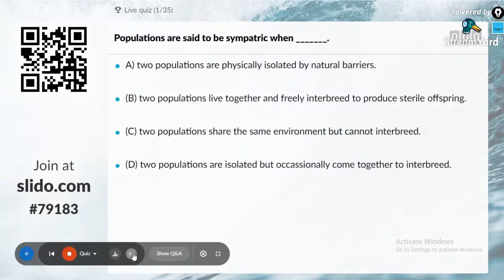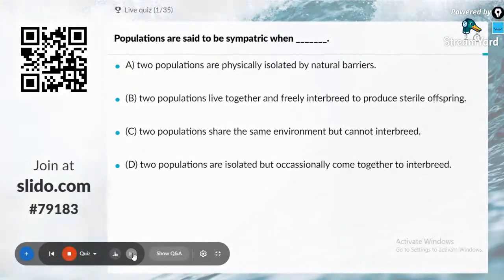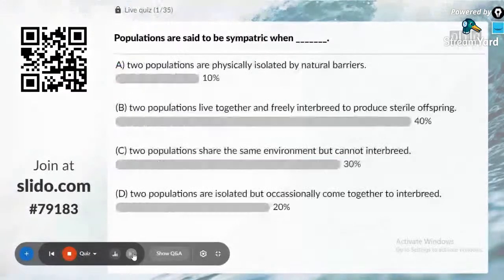Populations are said to be sympatric when: two populations are physically isolated by natural barriers; two populations live together and freely interbreed to produce fertile offspring; two populations share the same environment but cannot interbreed; or two populations are isolated but occasionally come together to interbreed.